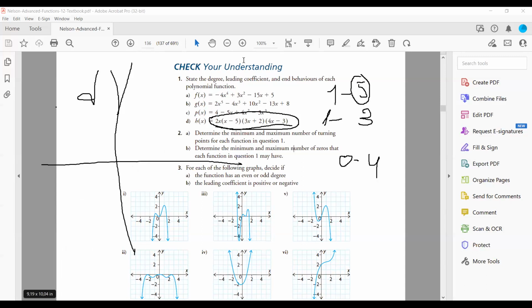They can cross this x-axis like this and start turning after it, but number of zeros would be single. Or it could be 5 or 4, depends on the parameters that are used in this function. So did you get the question number 2?